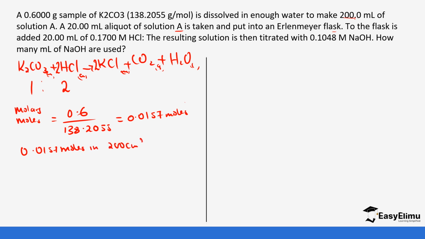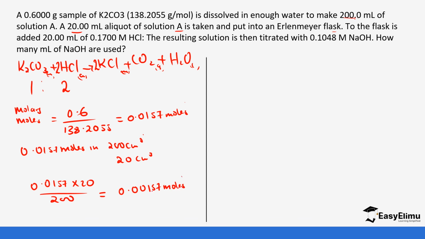Because only 20 was taken to react with the acid. So it's going to be 0.0157 times 20 divided by 200, which gives us the moles in the 20 ml: 0.00157 moles.